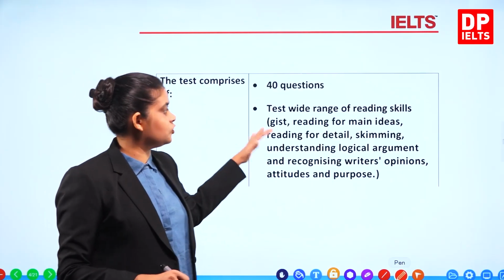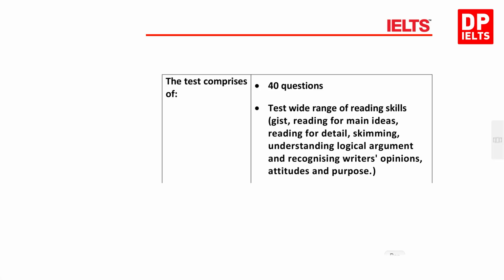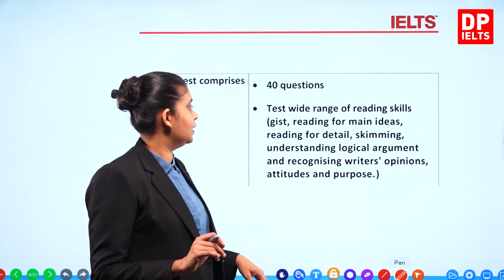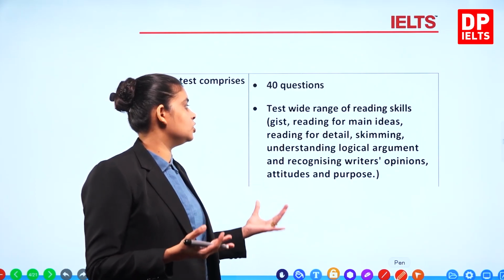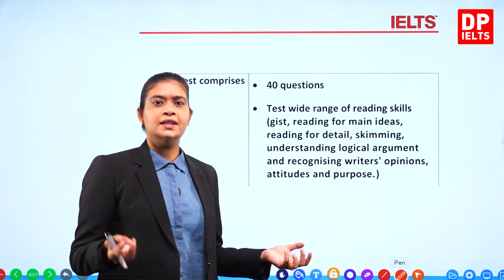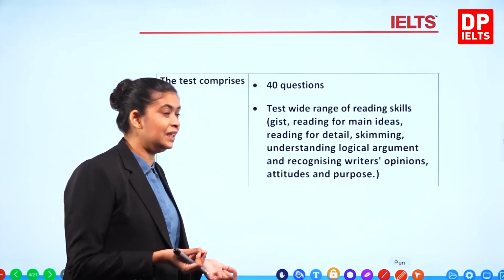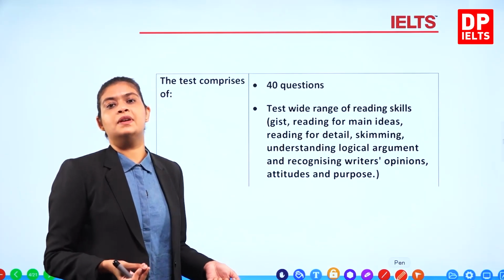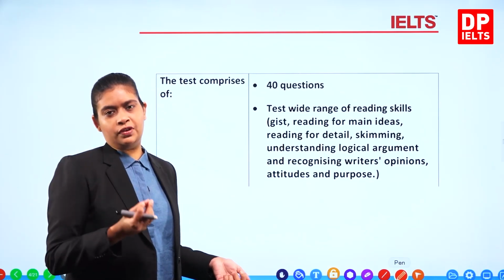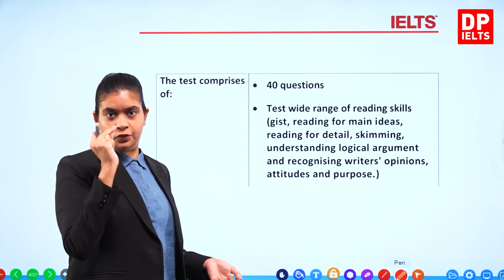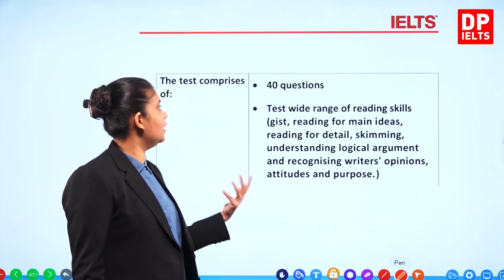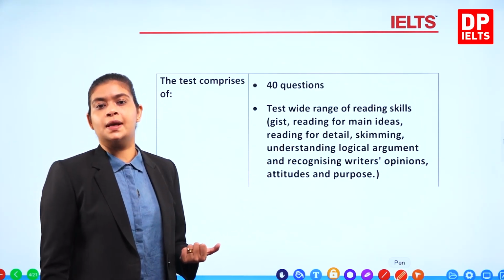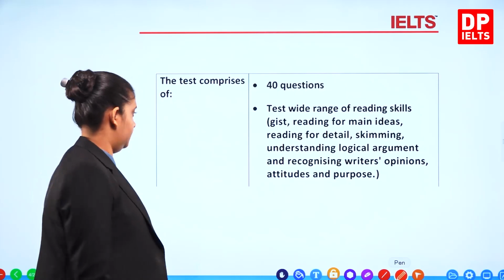So we're looking at overall idea, main idea, detail, understanding the logical argument, understanding the writer's opinion, attitudes, purpose, skimming, quick read, scanning, looking out for specific information, right? So they are looking for different sub-skills in each question.